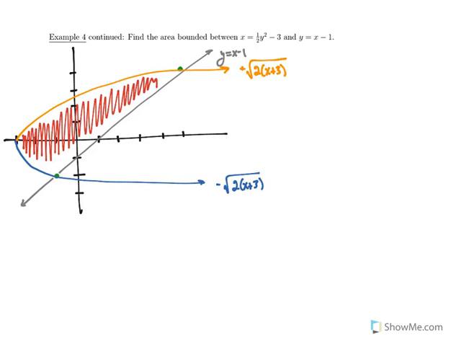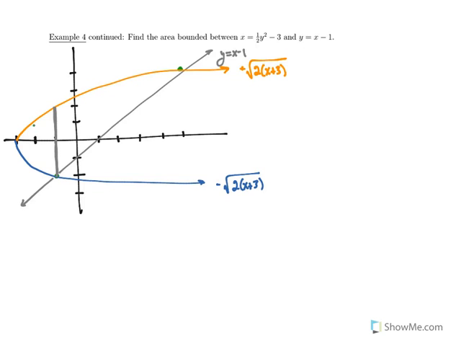That area right there. We need to think about what the top and bottom functions are for this problem. But the issue is that the top and the bottom functions change. And they change at the x value associated with negative 1. So we have two different areas to consider here.